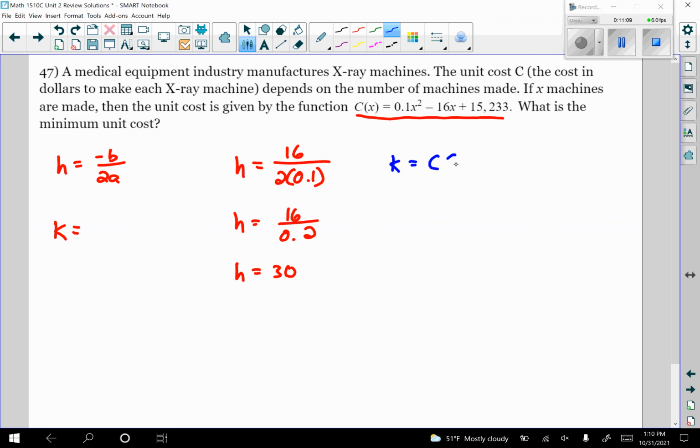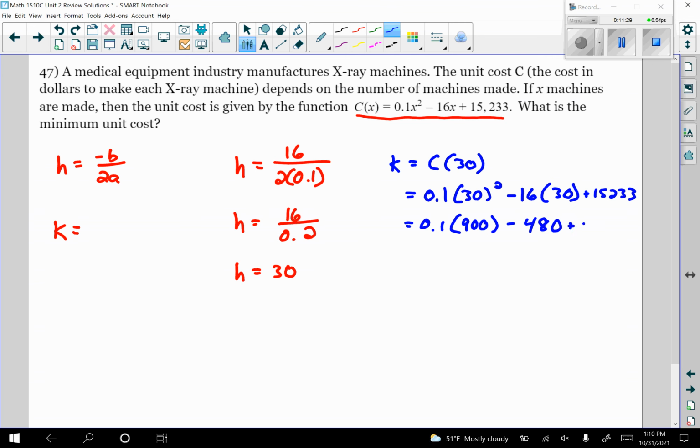So it becomes C of 30, which is 0.1 times 30 squared minus 16 times 30 plus this 15,233. So we're going to have 0.1 times 30 squared, which is 900. Then we're going to get 480 minus 480 plus 15,233.